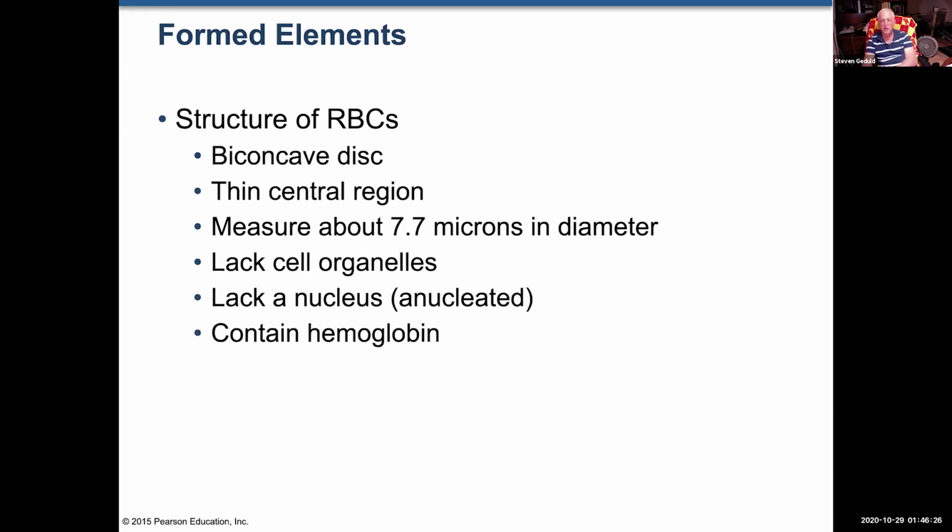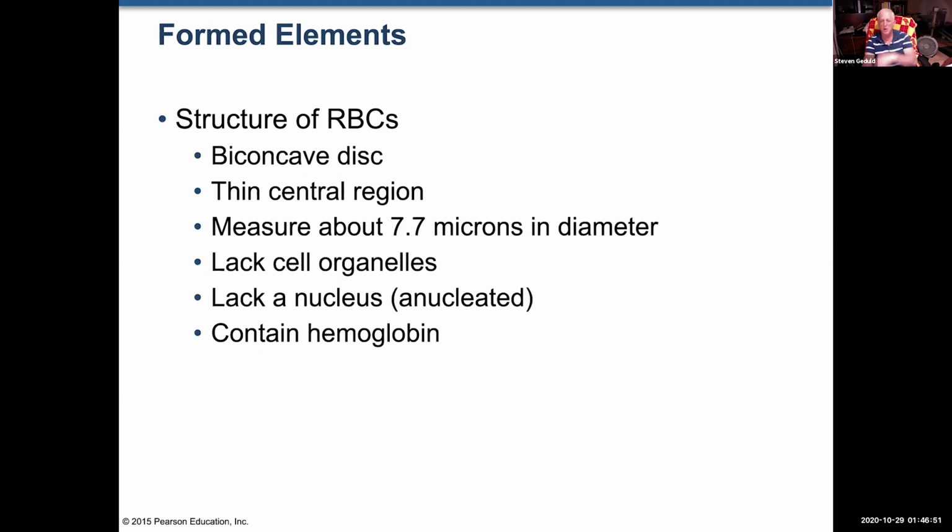The structure of the red blood cell, the shape, allows it to function as it does. It allows it to be very efficient at carrying oxygen and carbon dioxide throughout the body. It's a biconcave disc, which means it's a disc, a circle, that's concave on both sides. It has a very thin central region, about 7.7 microns in diameter.